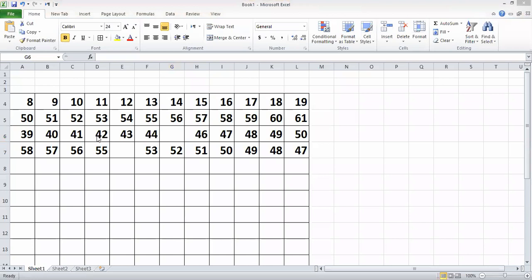Because in the number pattern we are counting in ones, right? We are adding one. So after 44 what comes? 45. Okay, Ahmad Al Badi, if I ask you to check this pattern, can you tell me after 55 what will come?